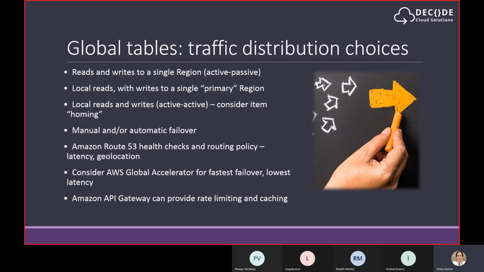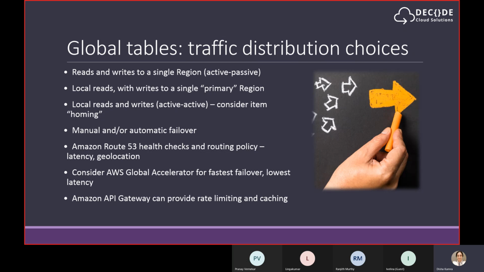So how do customers manage the flow of traffic for their application? There are many options here, depending on the data operations required and the business requirements around multi-region storage.